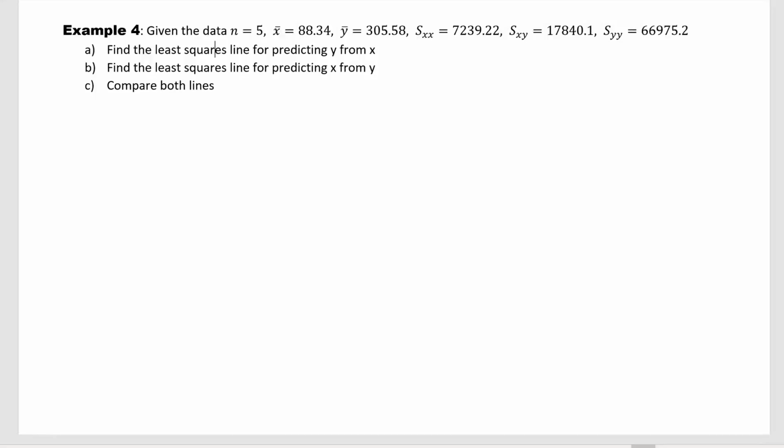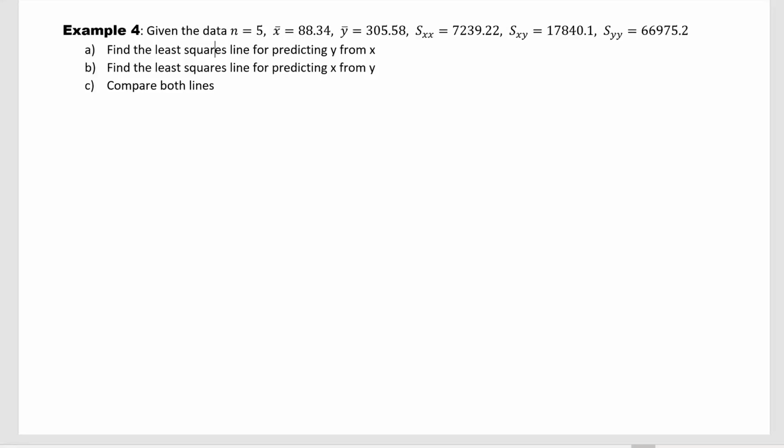Part A, find the least squares line for predicting y from x. Part B, find the least squares line for predicting x from y. Part C, compare both lines.